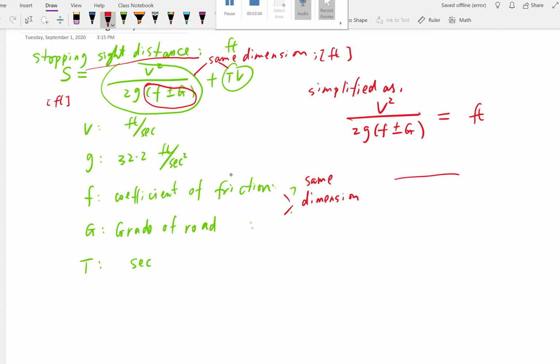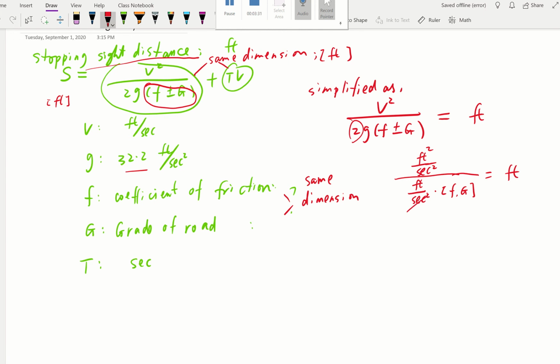V being velocity, foot per second, and it's squared, and 2 is a constant. We don't worry about the unit. g being 32.2 foot per second squared, we don't worry about the number, only the dimensions. It's foot per second squared. And f and G have the same dimension, so I'm going to write it like that. Then equals foot.